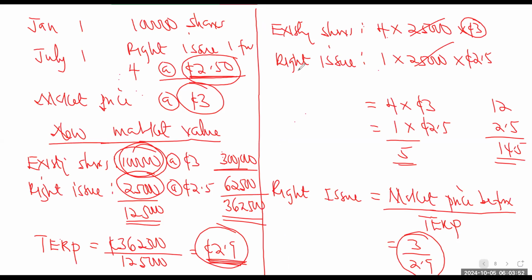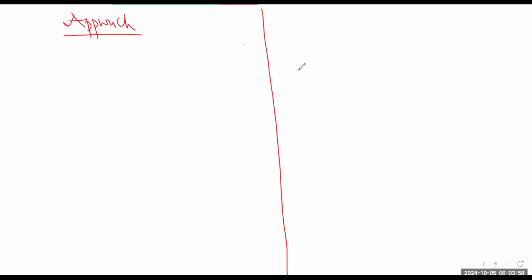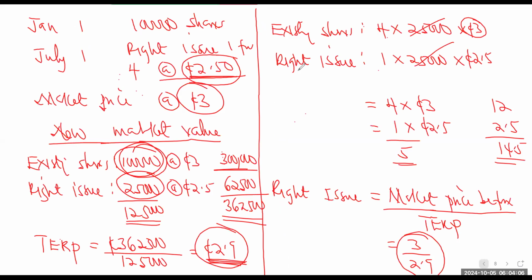When was the rights issue done? July 1, isn't it? Okay, so what we do over here is that from January to June, we are having 100,000 shares, isn't it? From January to June, we are having 100,000 shares.